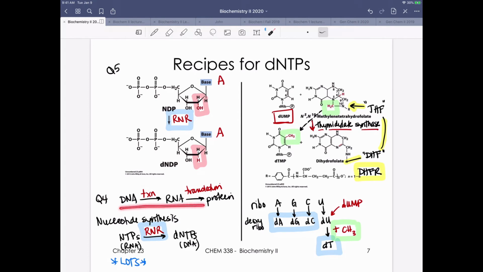And why I brought this up is we normally have this thought process of DNA to RNA to protein. But what we see here is when we do nucleotide synthesis, we actually make the RNA flavor first, and then we have ribonucleotide reductases that convert that into DNA nucleotides. And the reason we do this is there's actually way more ribonucleotides in your body than you have deoxyribonucleotides.